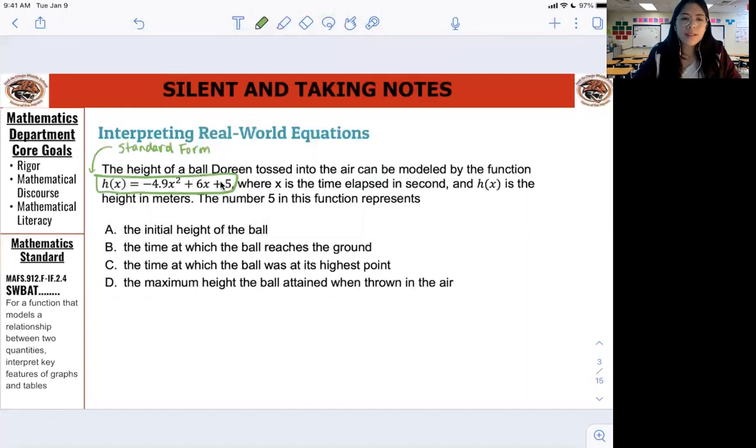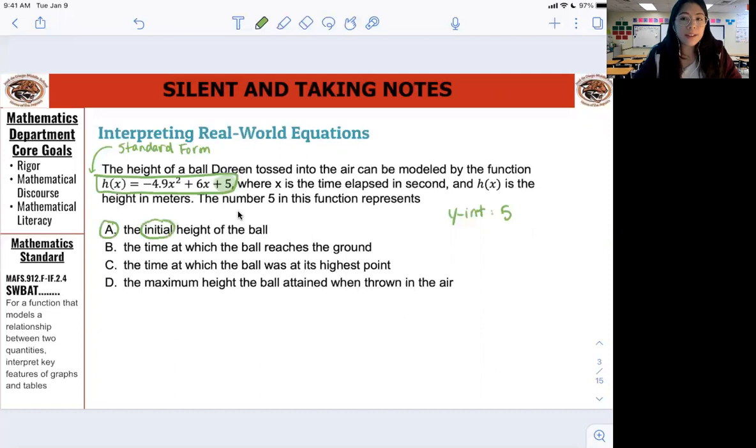So in this case, what does the 5 represent when we're talking about standard form? The y-intercept. So the 5 is the y-intercept, and what does the y-intercept represent in real-world examples? Where it starts, and that other word that we wrote down, initial.